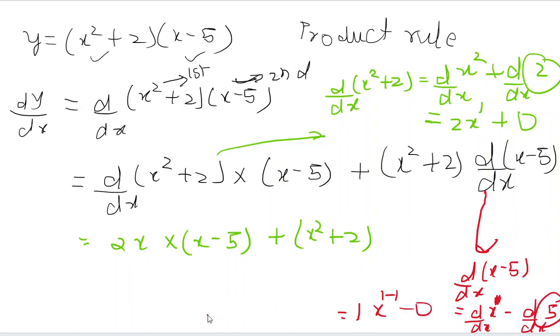Now x raised to 1 minus 1 is x raised to 0, and x raised to 0 can be replaced by 1. So the overall answer of this derivative is 1. Okay, so this problem is also solved. We now move to another problem.